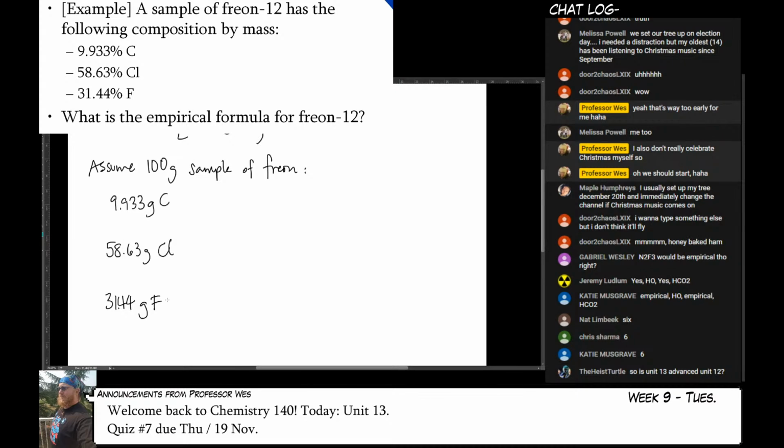Now you don't have to do any dimensional analysis. We'll just start here. Okay, so that's step one. Figure out the mass of everything that you have. We're all set.